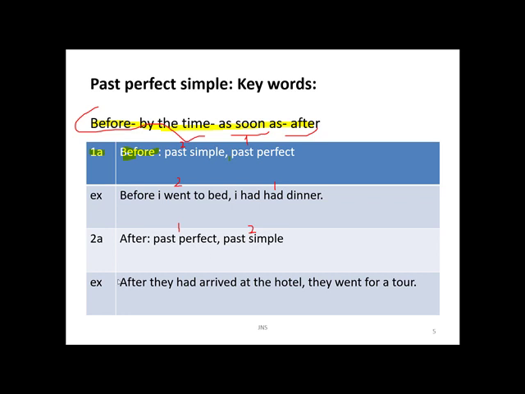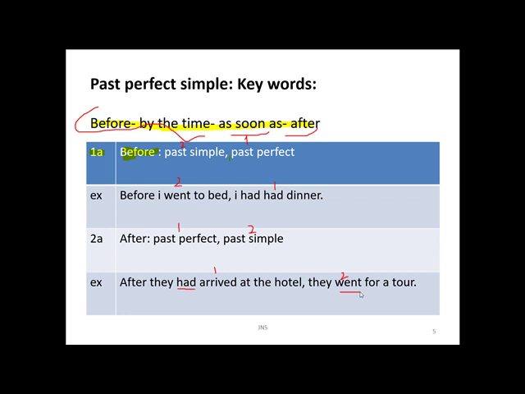Let's look at the example. After they had arrived at the hotel, they went for a tour. It means they arrived first. I put had, as you can see, followed by the past participle, and then they went on a tour. This is the second action. That's why it's written in the past simple tense.